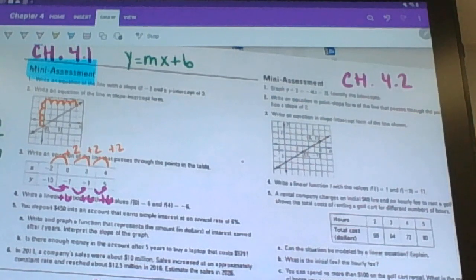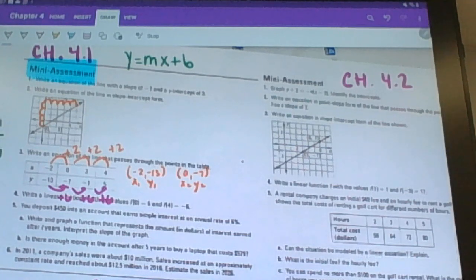If you guys don't like to look at how it's changing, you can just do slope formula. Let me write the 2 points then. If I wanted to do slope formula, I would do -2, -13, that's x1, y1, and 0, -7, that's x2, y2.